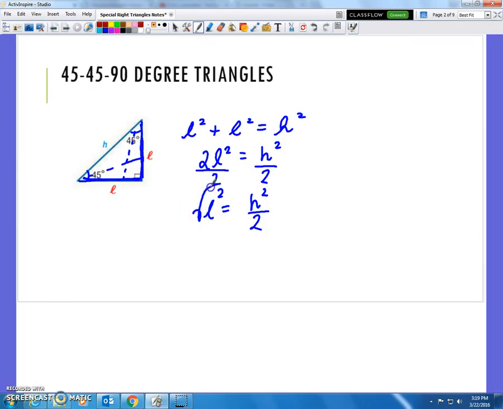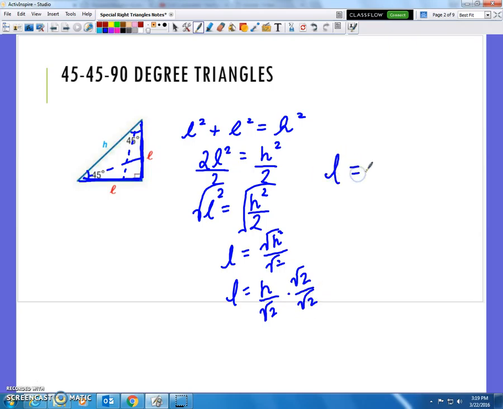If I get L completely by itself, what I have is L equals the square root of H squared over the square root of 2, or L equals H over the square root of 2. But of course, I'm going to want you to rationalize that, so I'm going to multiply the top and bottom by root 2 over root 2. L must equal H root 2 over 2. Okay, so there's a relationship here.